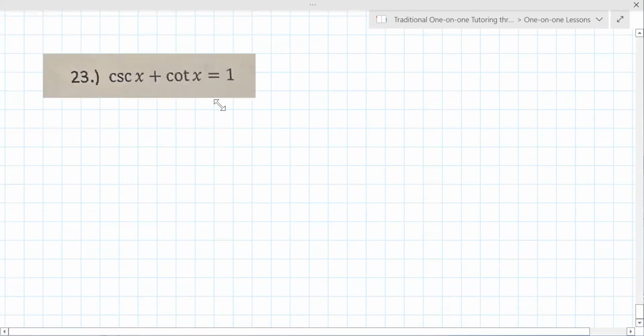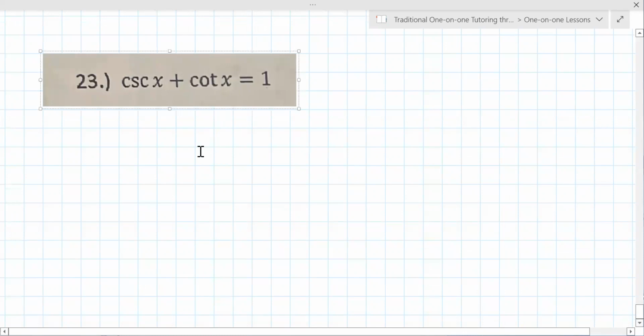So let's look at 23. I mentioned this one earlier. It's really bad when it's two trig functions. But you're slowly seeing, what if I turn everything into sine and cosine? So cosecant is 1 over sine x, and cotangent is cosine x over sine x.